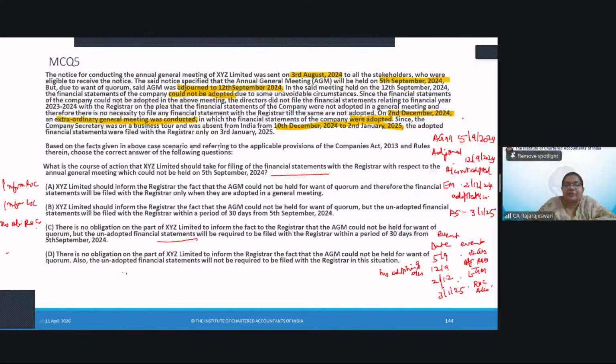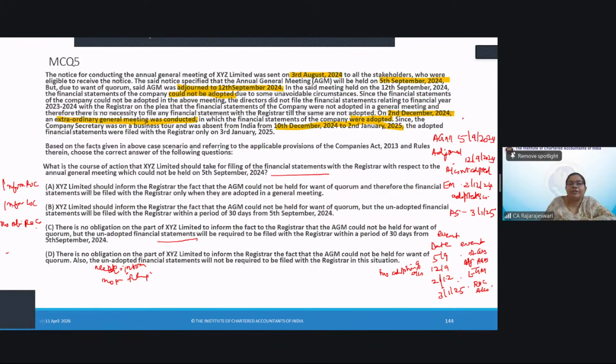Option D talks about there being no obligation to inform the registrar that the AGM could not be held for want of quorum, and the unadopted financial statements are also not required to be filed. So, need not inform, and not filing is also not required.